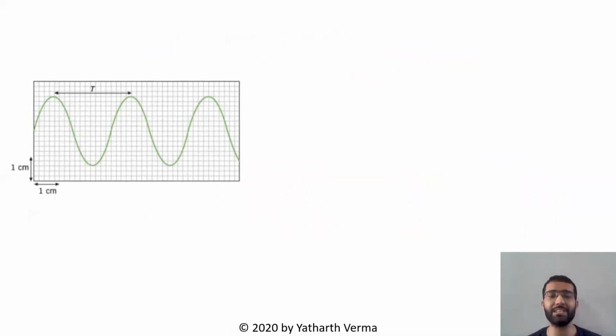Now you see the trace is given over here, and we are given what is 1 centimeter, right? So there is a scale on this. If we notice, 1, 2, 3, 4, and 5, 5 small boxes represent 1 centimeter on the x axis, because time is plotted on the x axis here, right?